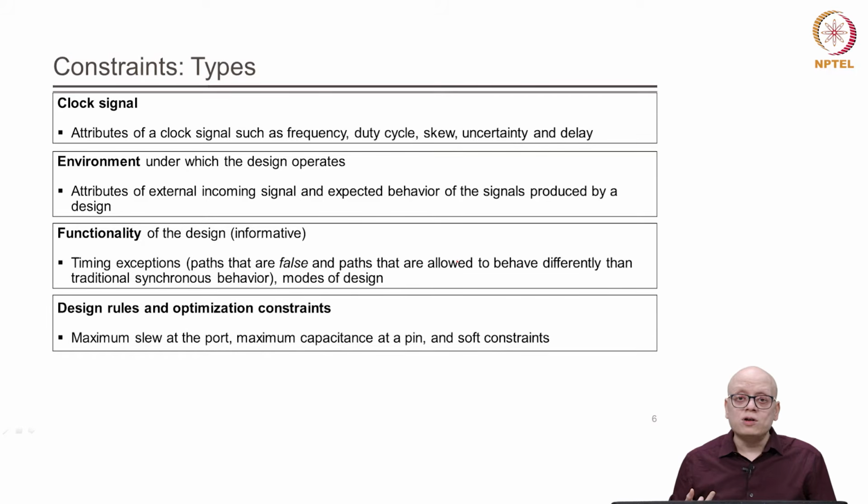The fourth type of constraints are related to design rules and optimization. For example, the maximum slew at a port, or the maximum capacitance possible at a pin, and some soft constraints like maximum area and so on. So these are the four types of constraints, and we will see the major types in today's lecture.